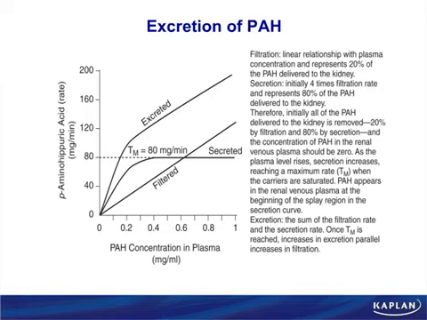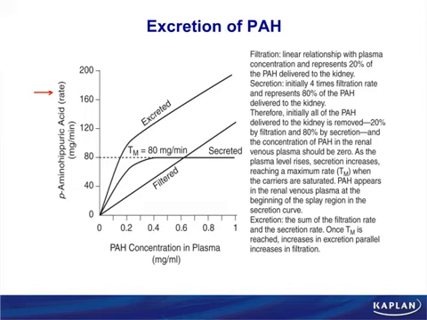Okay, so now we have to talk about graphing PAH. Whenever you're faced with a graph, first thing you should do is look at your x-axis compared to your y-axis. Your x-axis here is the plasma concentration of PAH. So you're looking at what happens as the plasma concentration of PAH increases, compared to what? Compared to the rate.